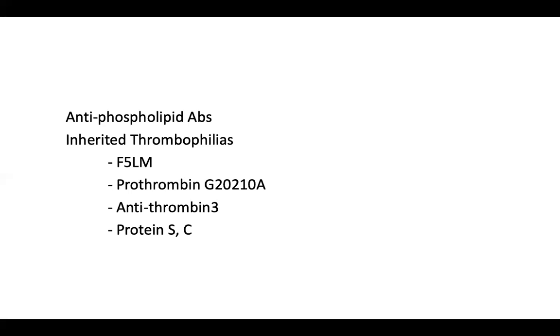Your inherited thrombophilias in the background population is up to 20% depending on the race and ethnicity. So please just don't order these tests willy-nilly for recurrent miscarriages. Order both inherited and acquired thrombophilias for blood clots, but only antiphospholipid antibody for recurrent miscarriages or an IUFD.